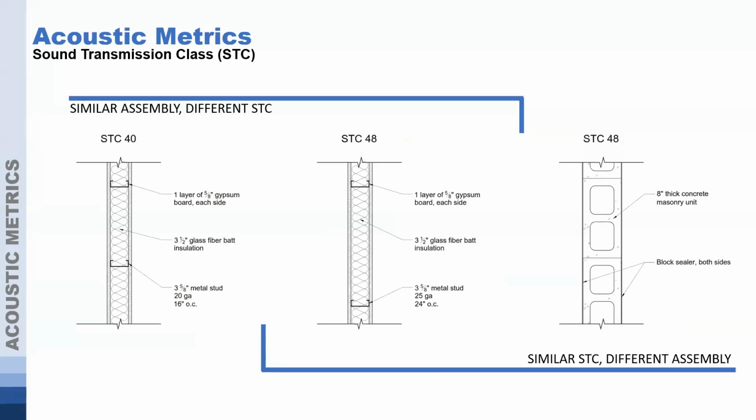Airborne sound is the sound of our voices, the sound of people talking, of TV sets playing, these types of sounds. And so residential requirements have STC requirements for multifamily residential occupancies. Now, looking at this a little bit further, we can look at these three assemblies in front of us.